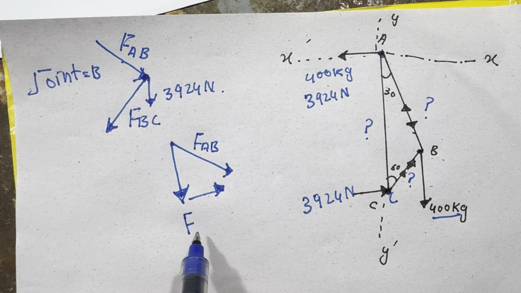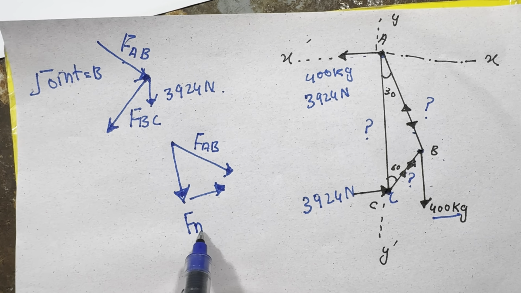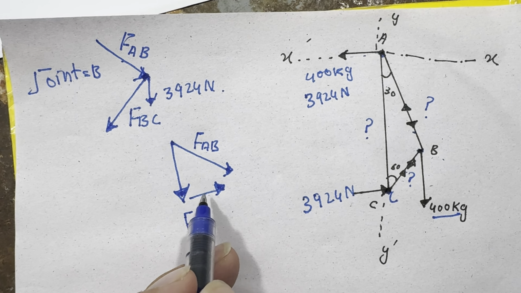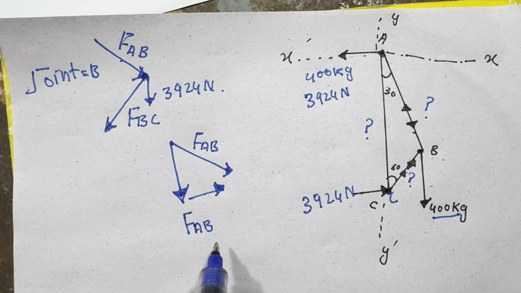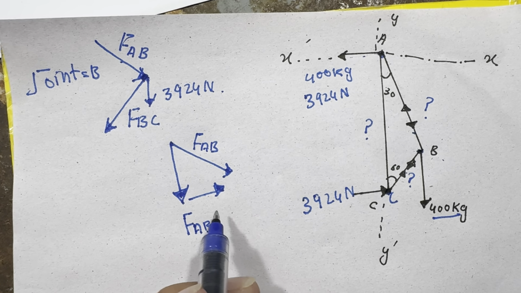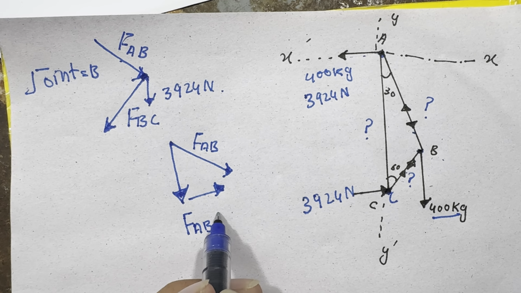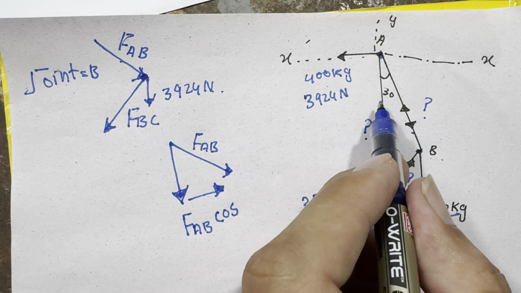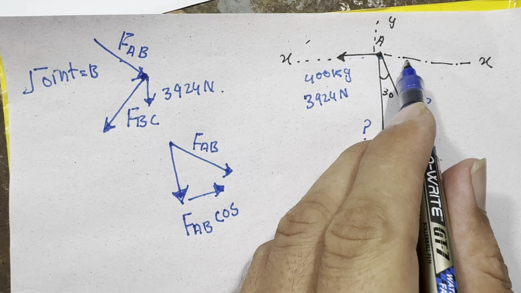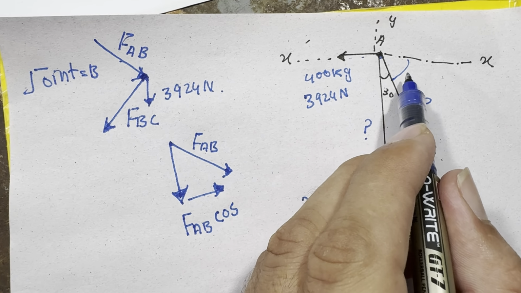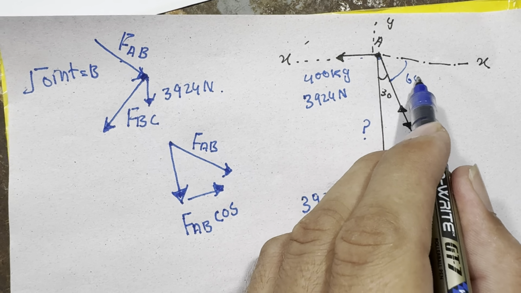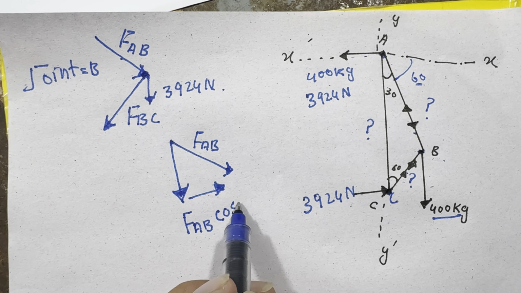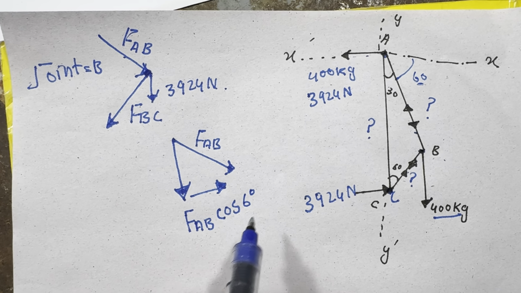This is its component, this is the resultant, and this is its other component. So FAB has a horizontal component with cos, and this angle is 30 degrees, and the angle which it makes with the x-axis is 60 degrees, so you will have to write this 60 degrees.